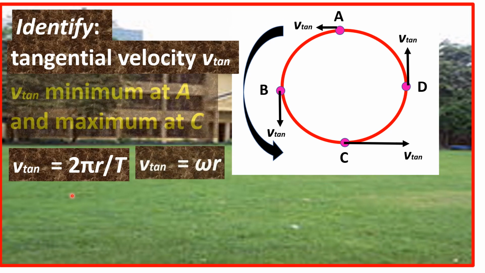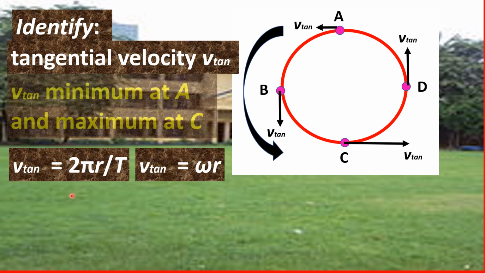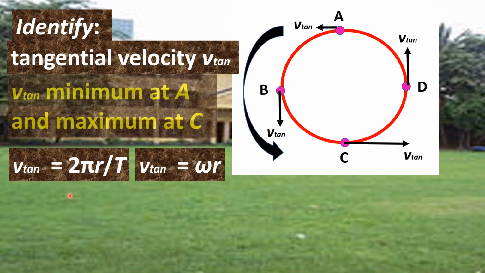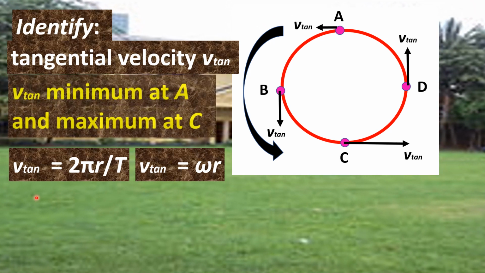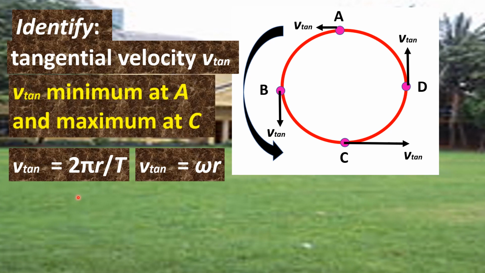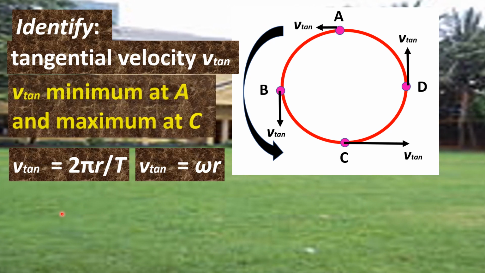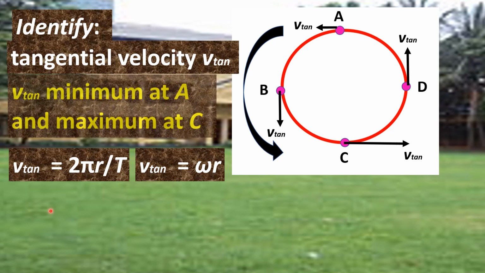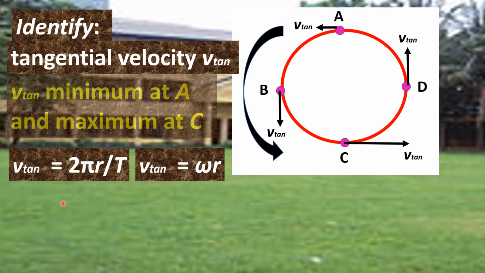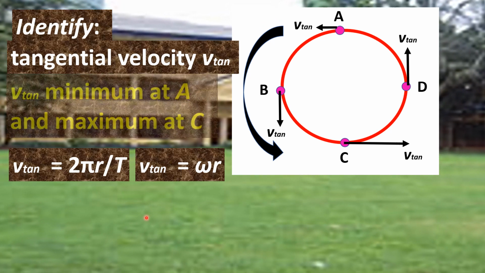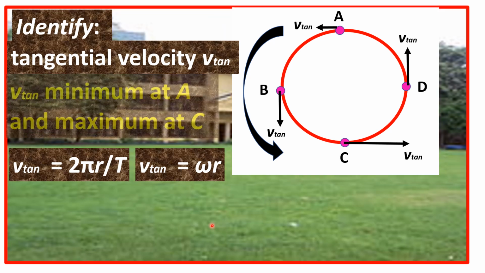And we can also express this instantaneous tangential velocity in terms of the angular velocity omega. That is, v sub tan, or the tangential velocity, is also equal to omega times the radius r.